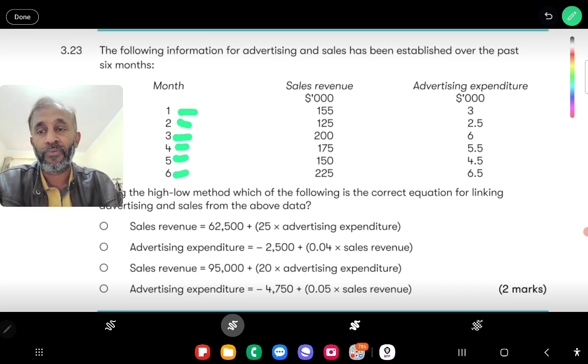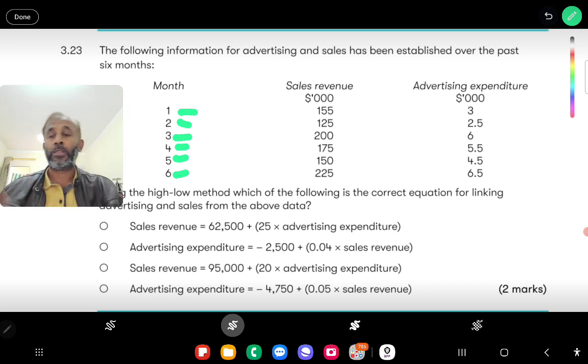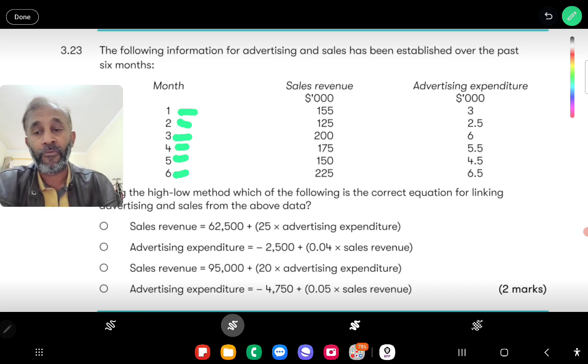What is important here, first of all, is to identify what is the independent variable and what is the dependent variable. What will vary, based on which variable, the fluctuation or changes of the other variable.